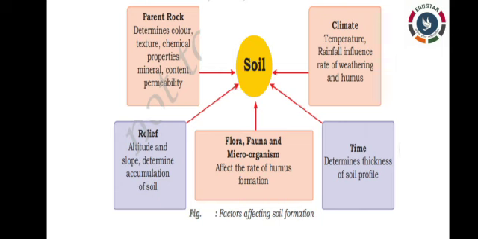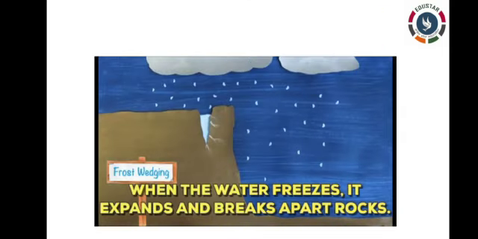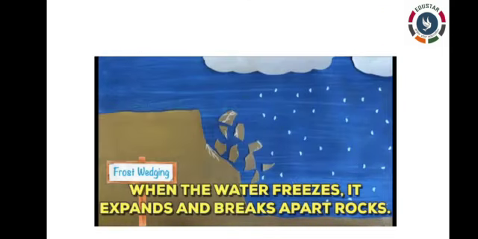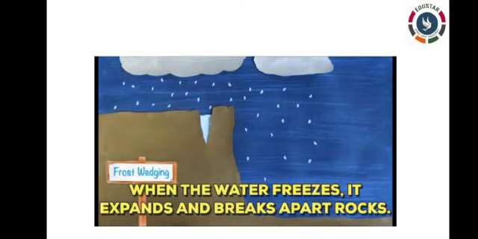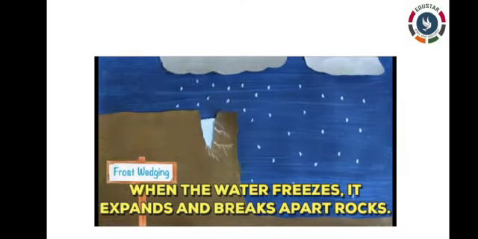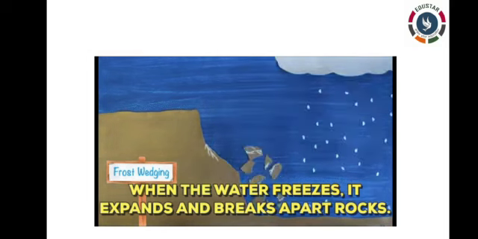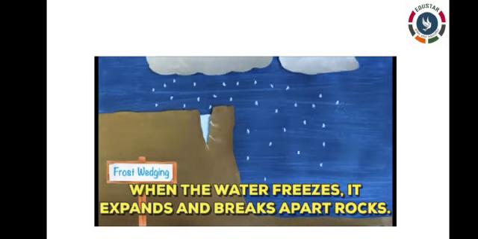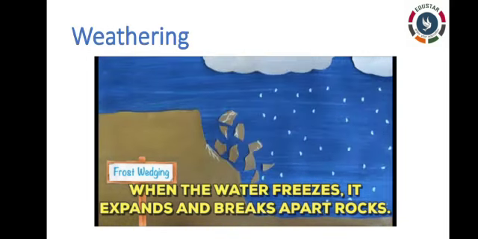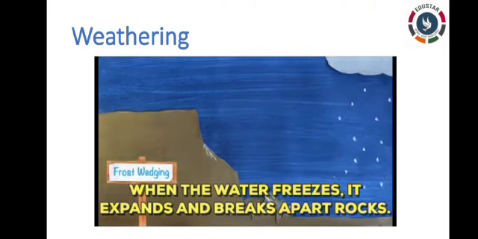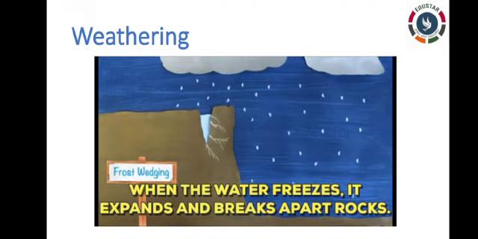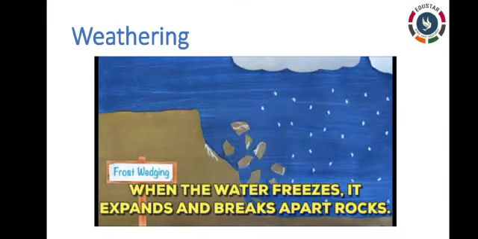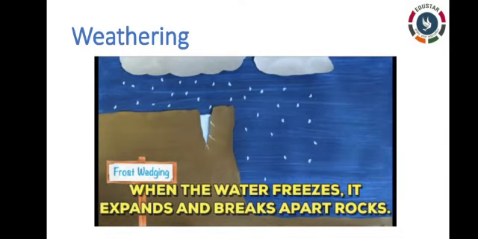Do you know the soil takes nearly hundreds of years to make just 1 centimeter? Do you know what weathering is? It is just the breaking up and decay of exposed rocks by temperature changes, frost action, plants and animals and human activity.